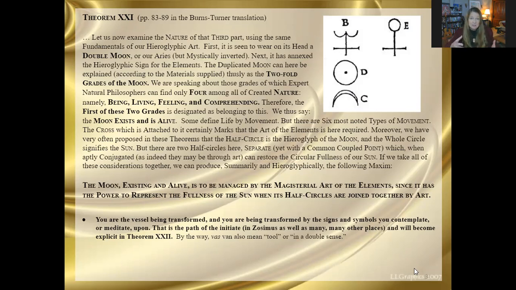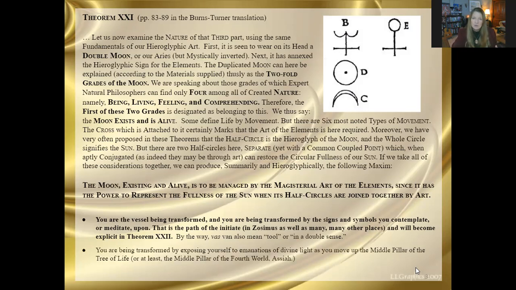Now, in that hidden text of his, I mentioned Codex Marcianus graecus. That's also the only known source of the works of Zosimus of Panopolis. Zosimus describes something like this that's not Kabbalistic as the path of the initiate. That's something we're going to talk about very soon. But it's going to also be explicit in the very next theorem, 22. And by the way, the Latin word for vessel, vas, can also mean a tool, or in a double sense.